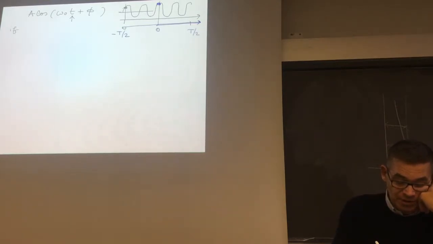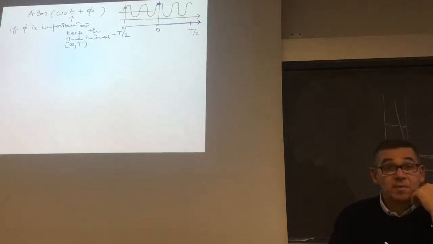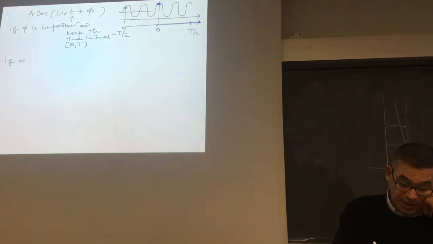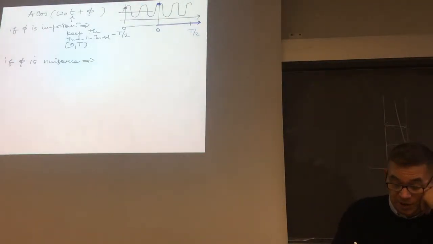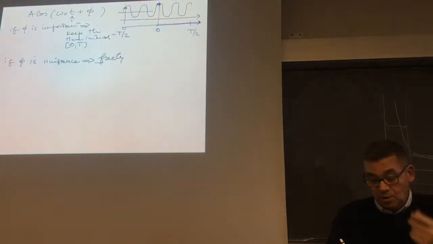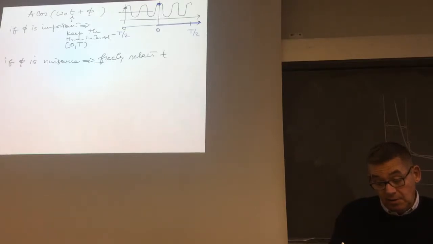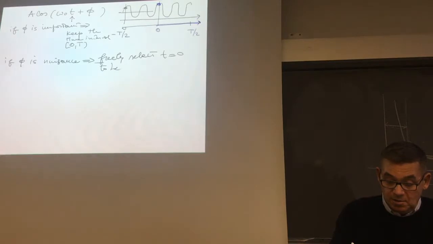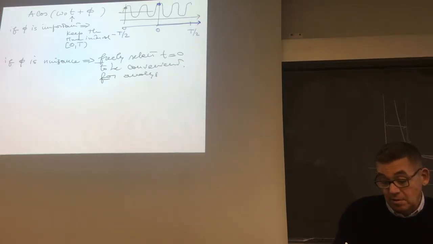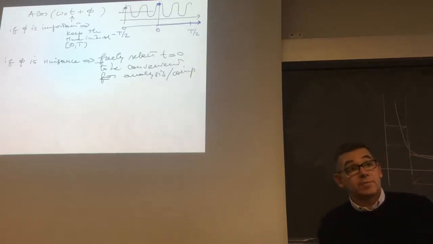If phi is important, then you need to keep the time interval 0 to T. If the phase is a nuisance, then I can freely select t equals 0 to be convenient for analysis, computation, and so forth. That's the point.